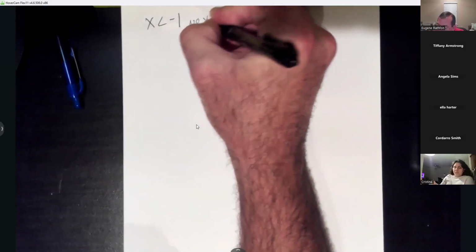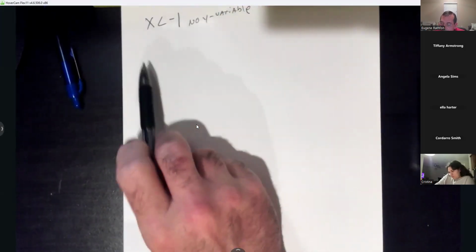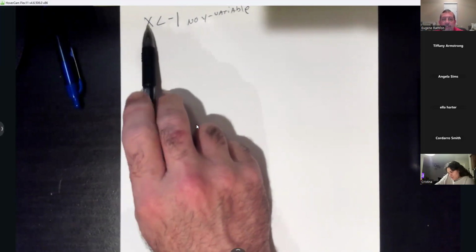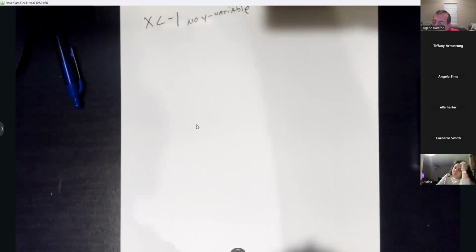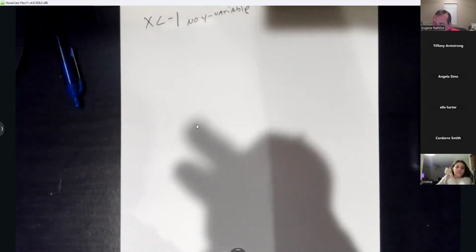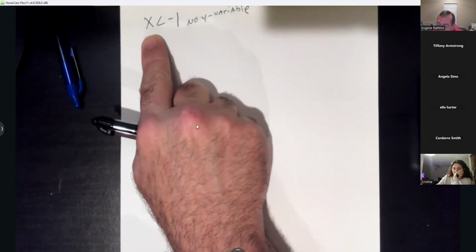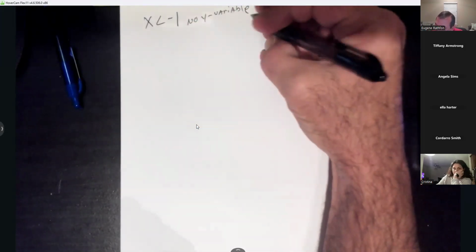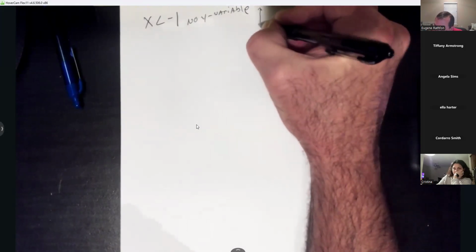So there's no y variable. When you get a graph that's just an x without a y, this makes one of our two special lines. If it's got an x only and a number, this thing will make a vertical line.